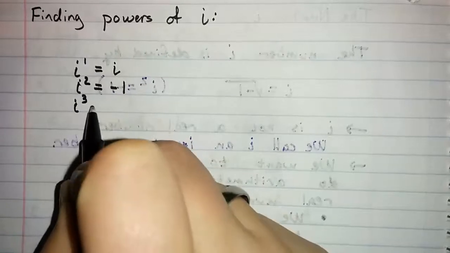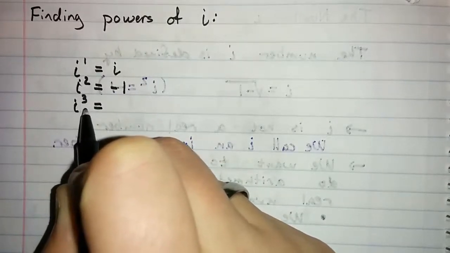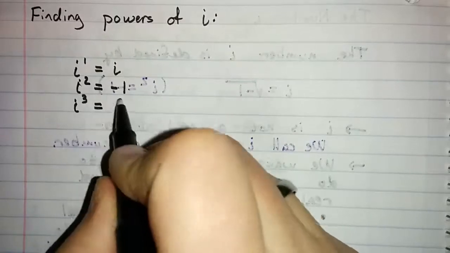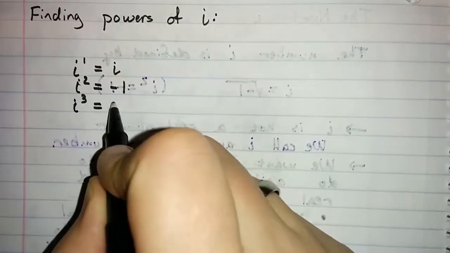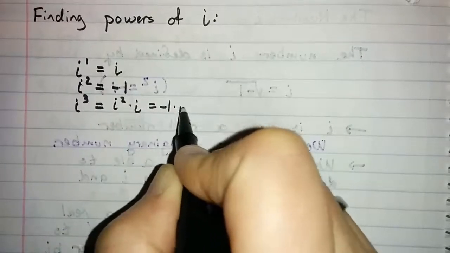i to the third, if powers of i are to mean what they mean for real numbers, well, that's going to be just i squared times i. i squared we know is negative 1.